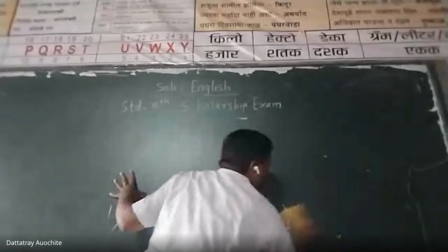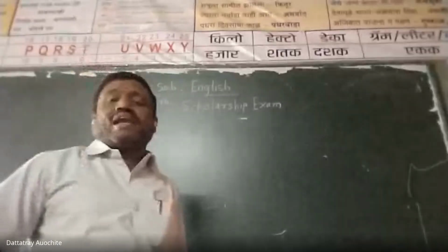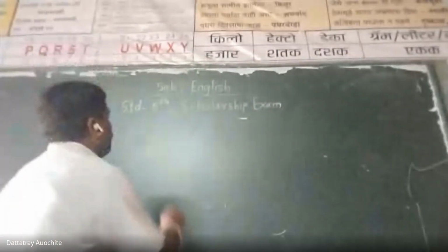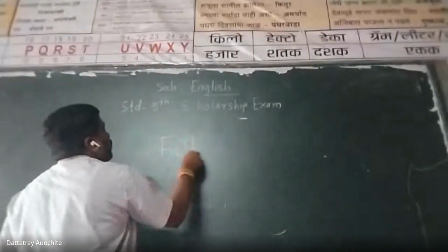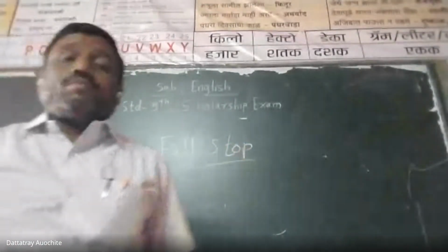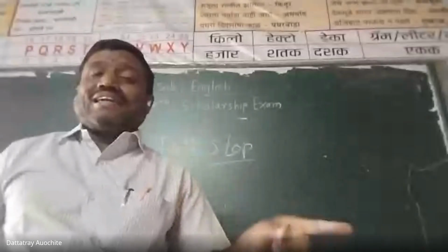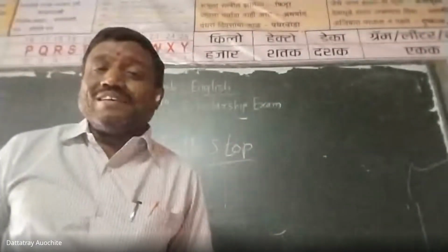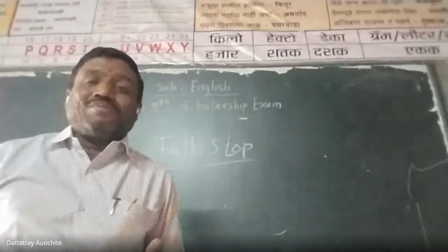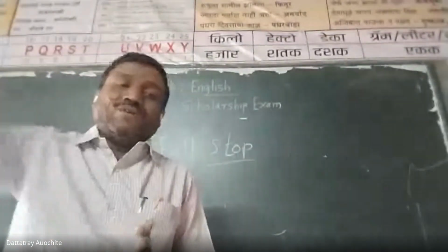Punctuation marks. In these punctuation marks, the first punctuation mark is the full stop. We should begin with the full stop. I said this right now because I believe that we should learn from known things to unknown things.